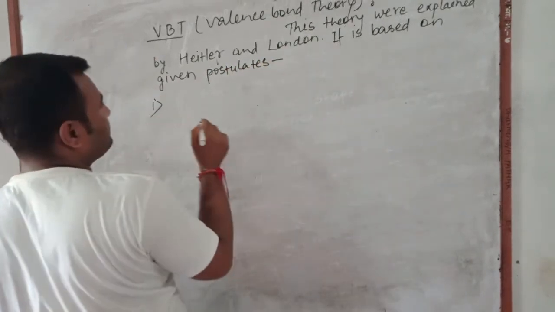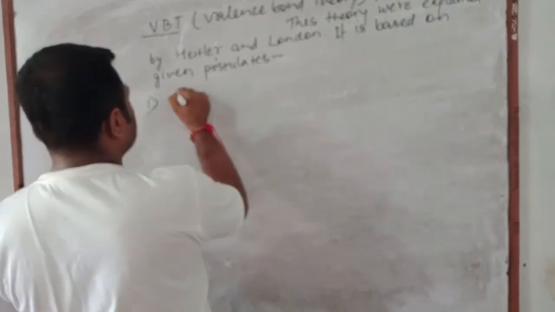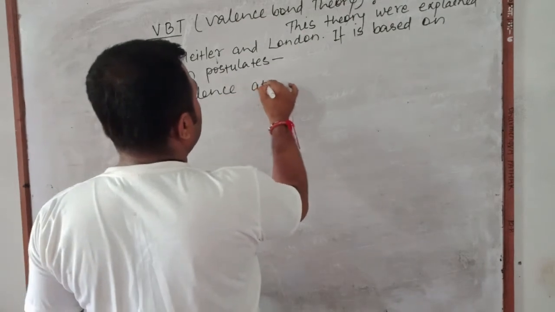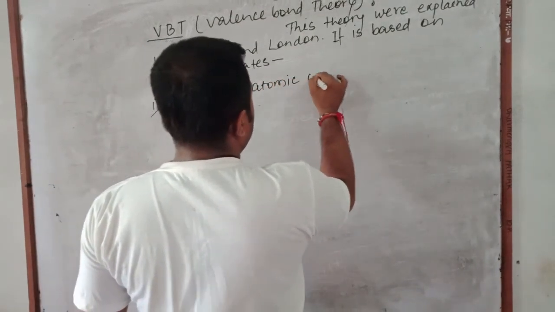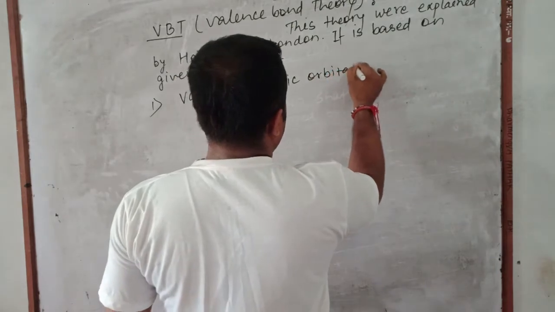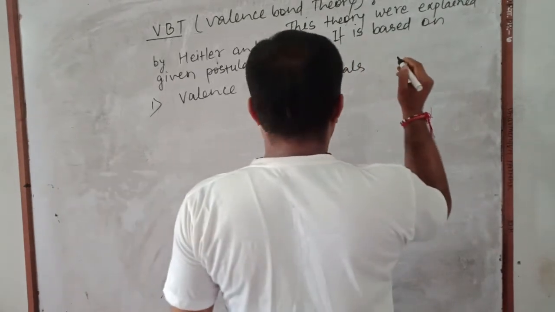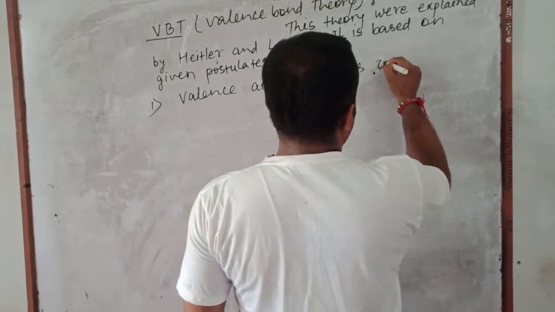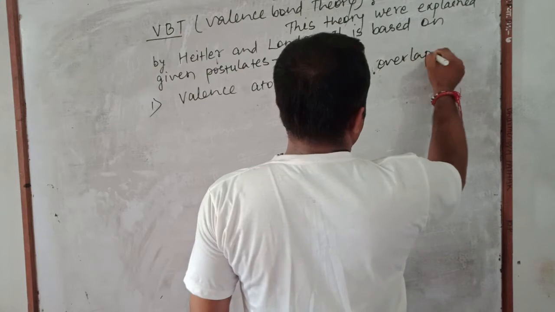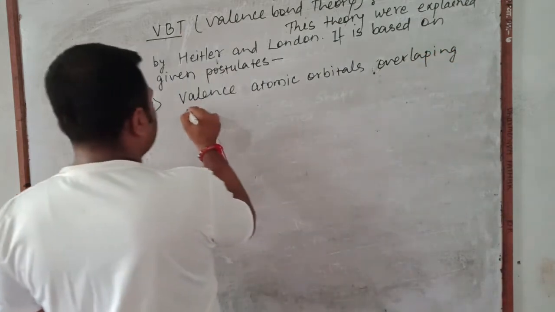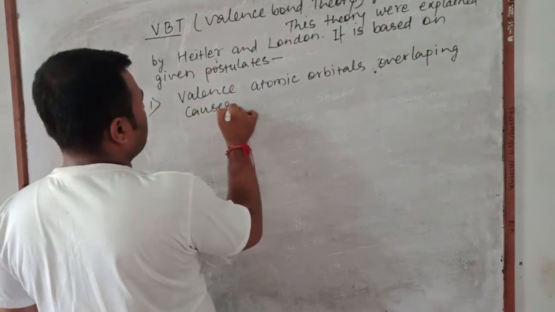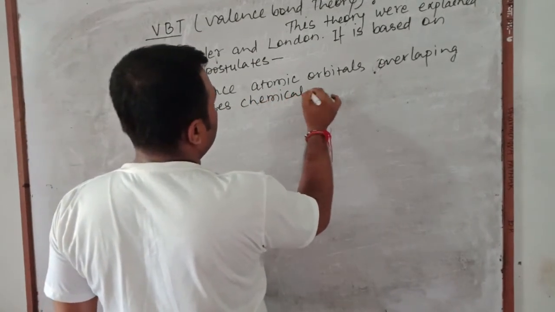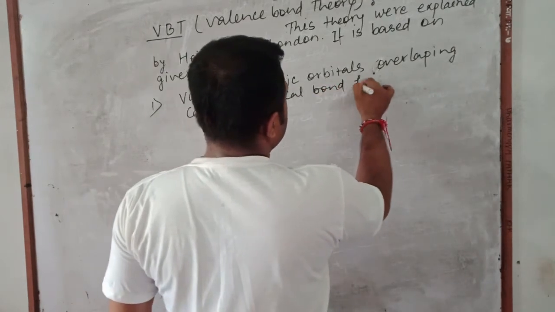At first, overlapping of valence atomic orbitals causes chemical bond formation to take place.